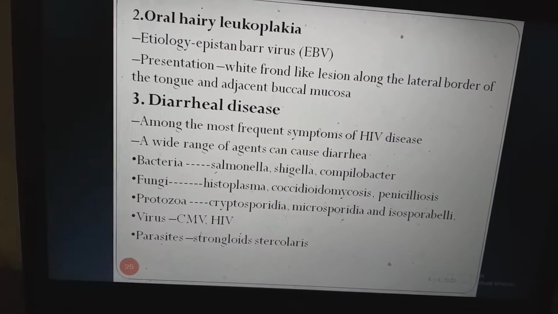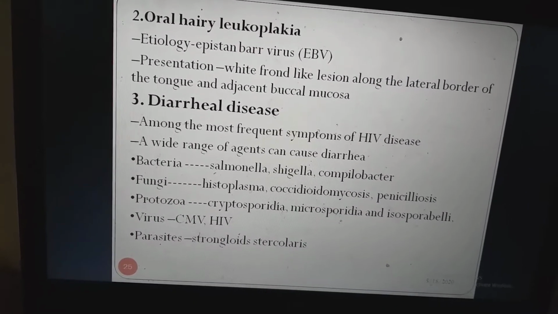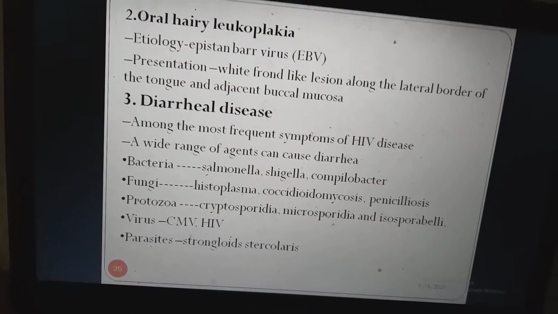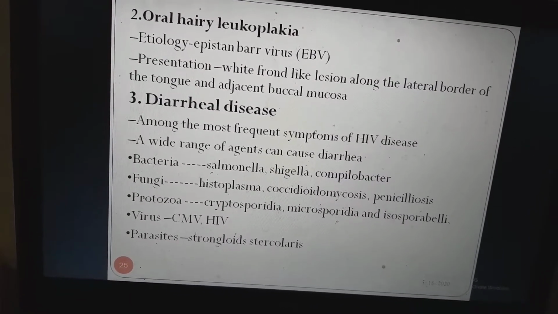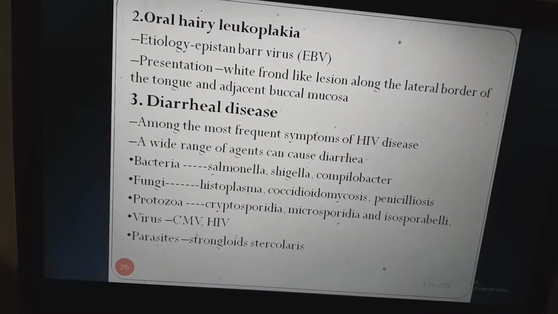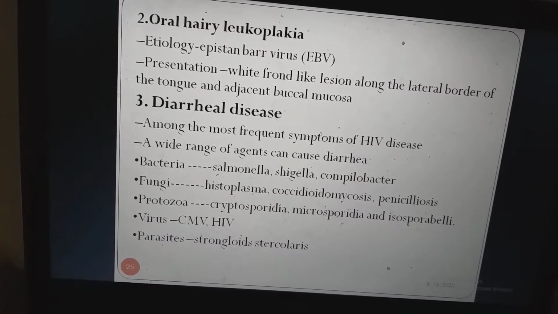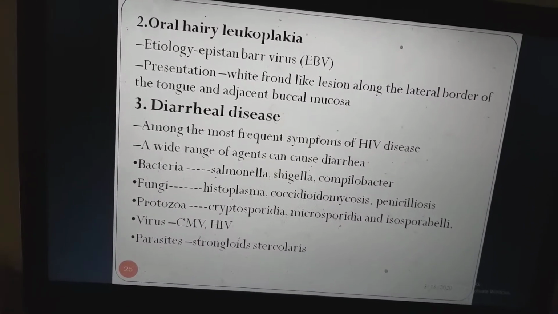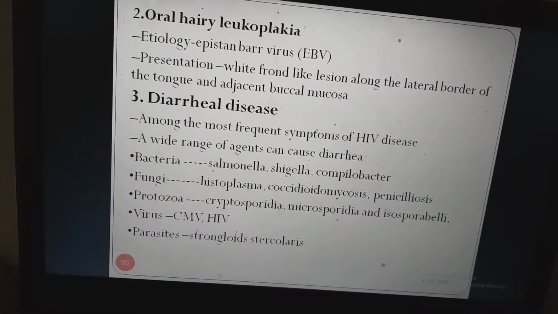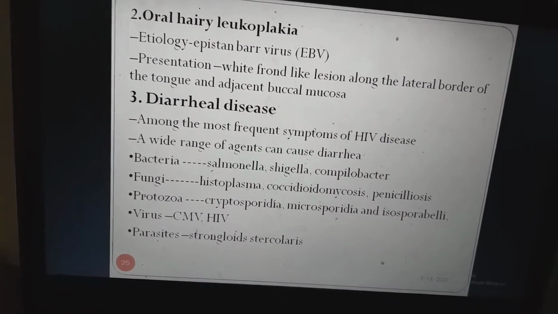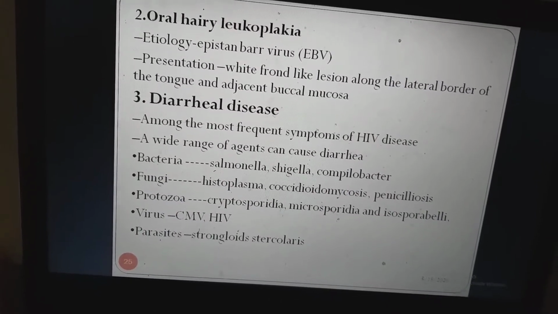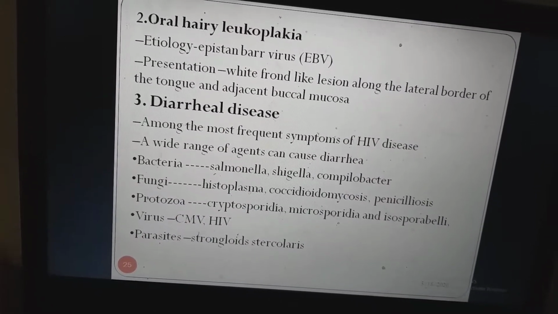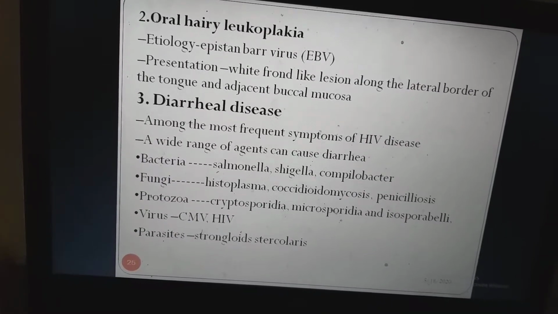Diarrheal disease is among the most frequent symptoms of HIV disease. A wide range of agents can cause diarrhea. Bacteria: Salmonella, Shigella, Campylobacter. Fungus: Histoplasma, Penicillium. Protozoa: Cryptosporidium, Microsporidium, Isospora belli.